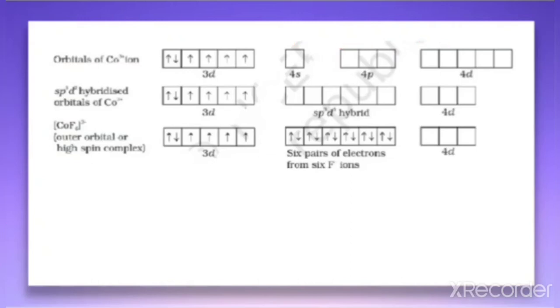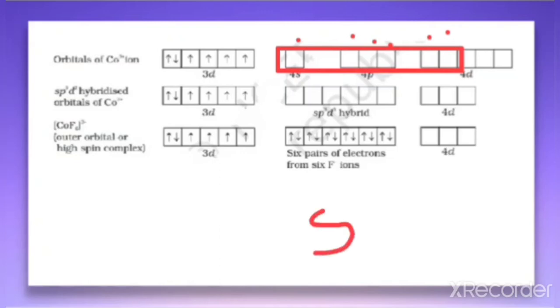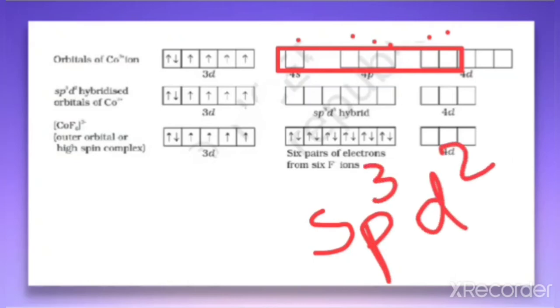That means the orbitals undergoing mixing are one s, three p and two d orbitals. So what will be the hybridization? As here it is p3 and d2, it is sp3d2. Now look, the outer d orbitals are involved in the hybridization, therefore it is sp3d2.